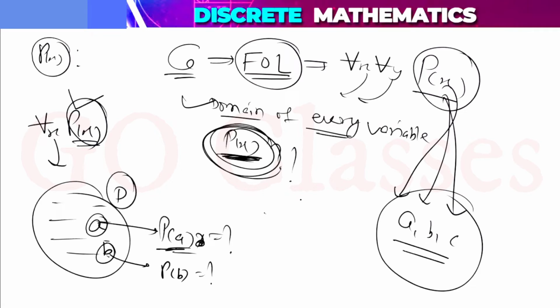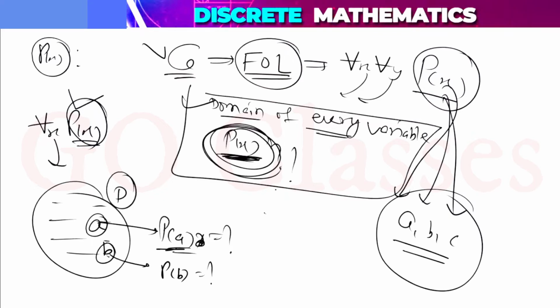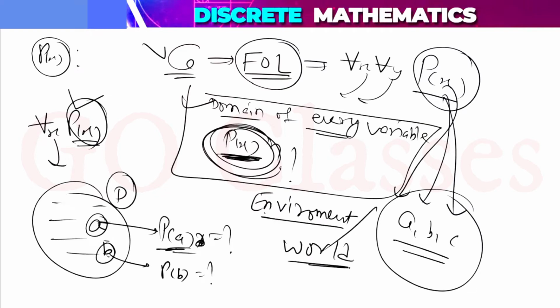If I give you these things, then automatically you can find out the truth value of G. All this information is basically your environment, or you can call it the world. In this world, sometimes we will ask what is the truth value of G.